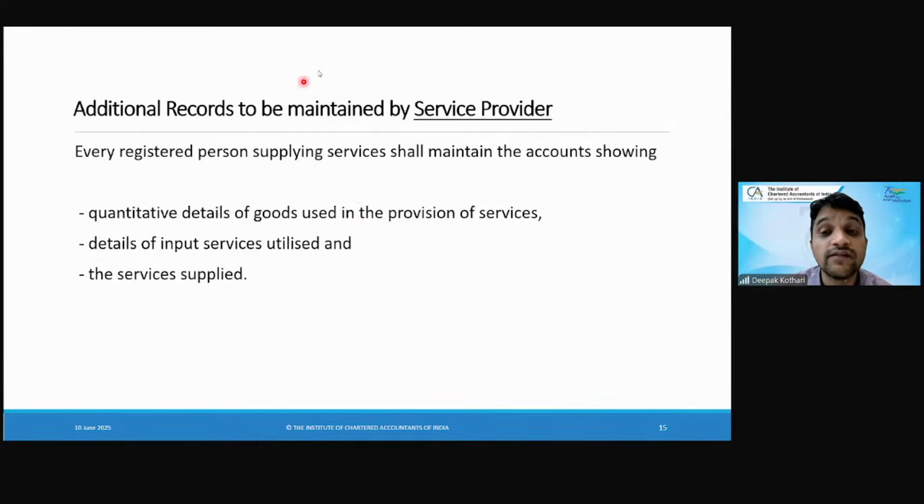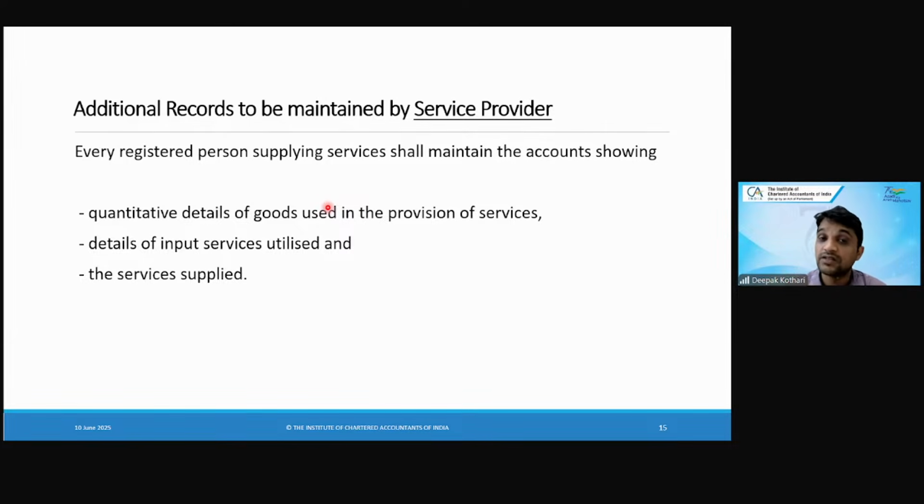Next, a service provider, a person who's providing services, will have to maintain the following account showing quantitative details of goods used in the provision of services. Like we know works contract. A works contract provider will have to procure the goods and supply the services.